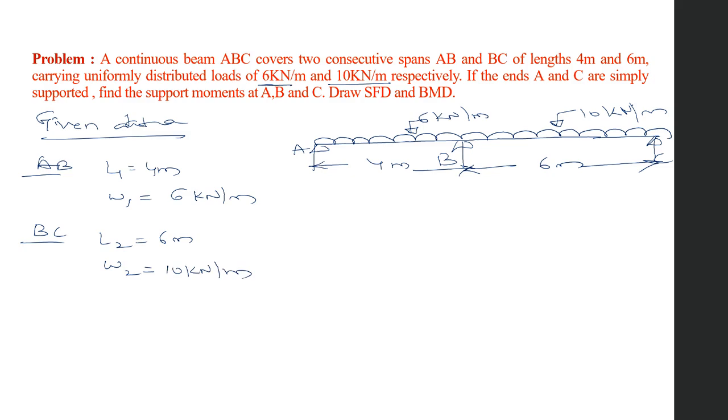Now apply Clapeyron's theorem of three moments to find the support moment at B. Before that, in the question A and C are simply supported. So we already know that at simply supported end points, the support moments at A and C will be 0.